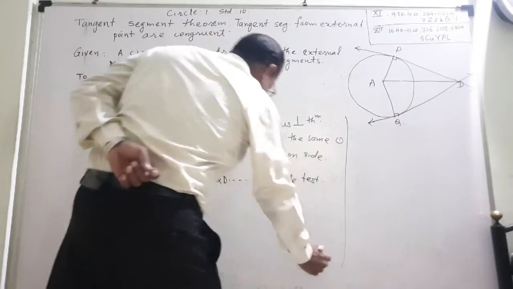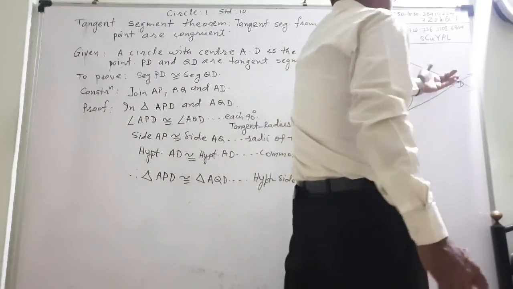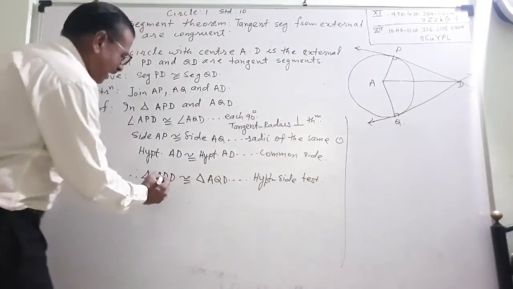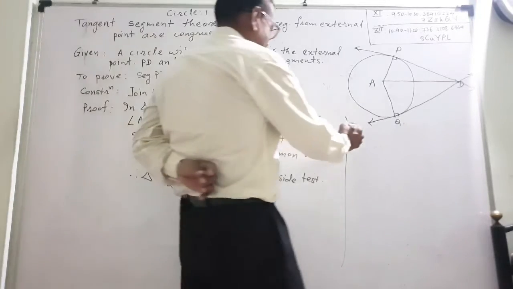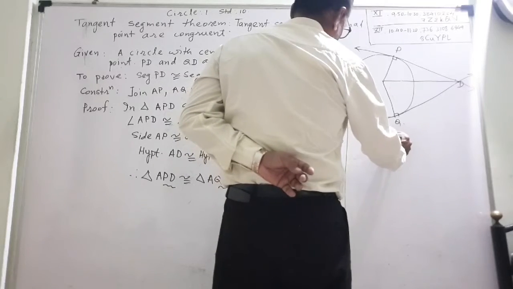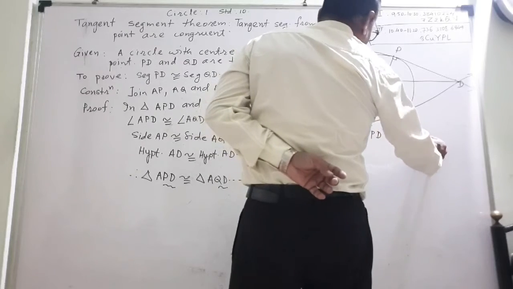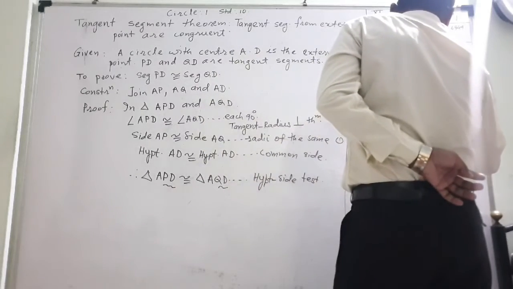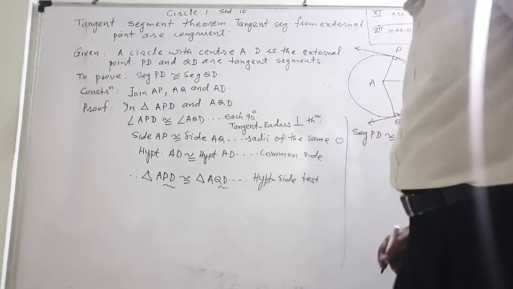If these two triangles are congruent, then these two segments are congruent. In this, PD, and in this, QD. So segment PD is congruent to segment QD. Reason: corresponding sides of congruent triangles. And thus the proof is over.